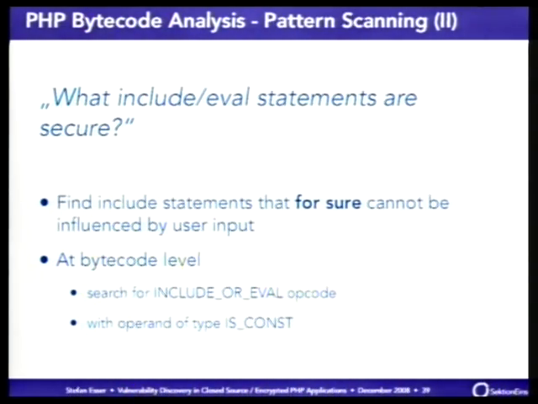When you have an include or an eval on a constant value, it can't be influenced by user input, so these occurrences are always safe. You may think this doesn't help, but when you have a large PHP application with like 100,000 includes, then have fun grepping through them and checking for yourself whether each is a constant or not. By checking this simple thing, you can eliminate a lot of false positives.